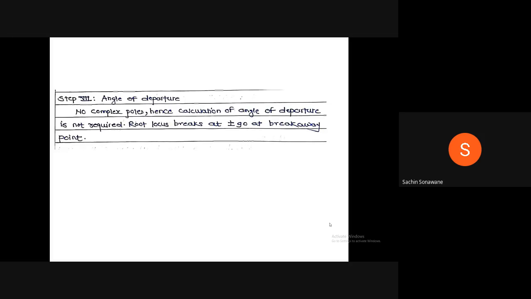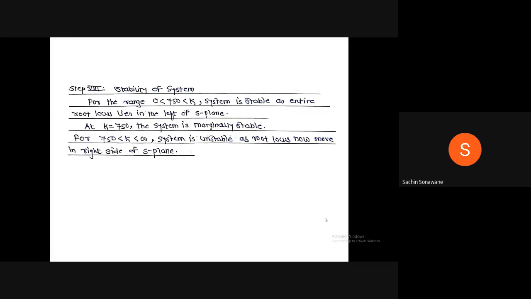Now step 7, angle of departure. Since no complex poles are there, the calculation of angle of departure is not required. Root locus breaks at plus minus 90 degree at the breakaway point. Now stability of the system.